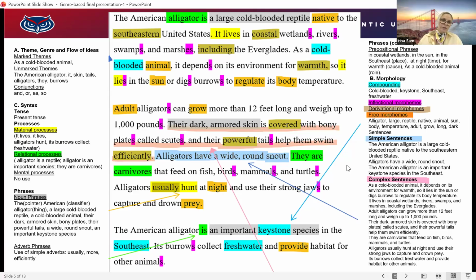The text also includes several derivational morphemes, such as coast plus al, coastal, power plus full, powerful, warm plus th, warmth, and these morphemes change part of speech of a word. Overall, the language is descriptive, factual, and typical for this type of informational text.